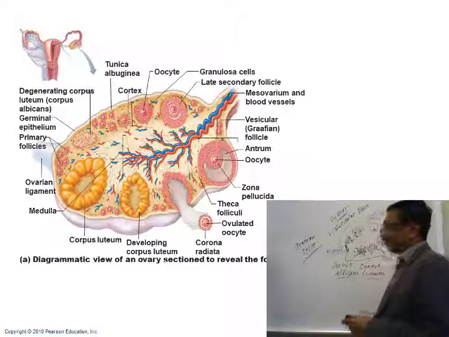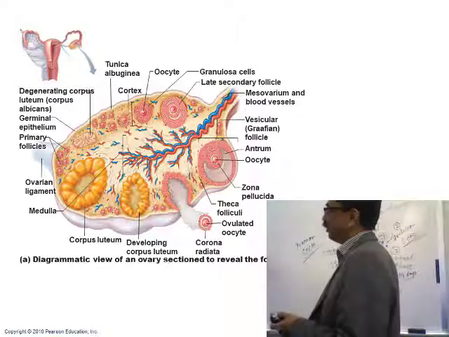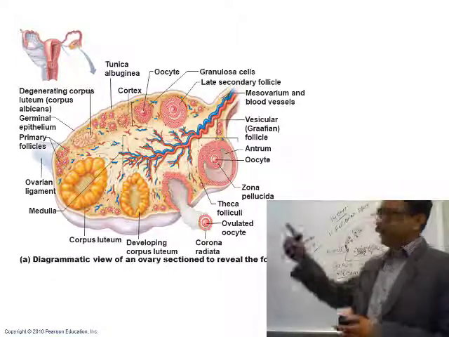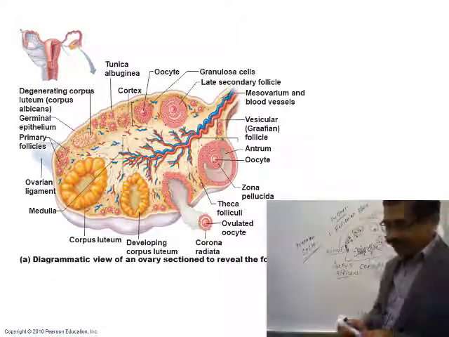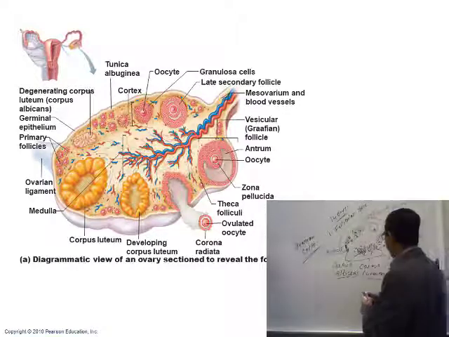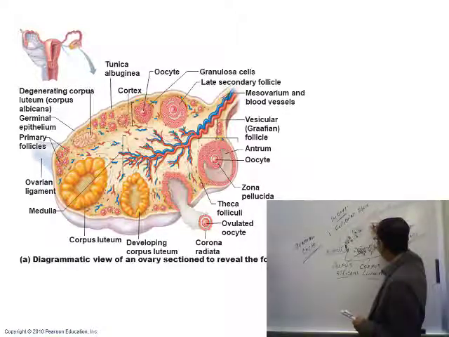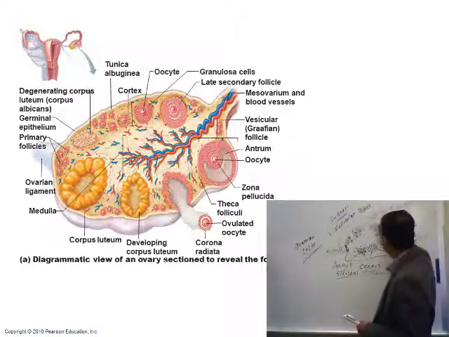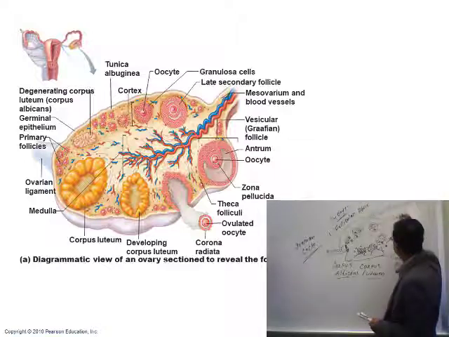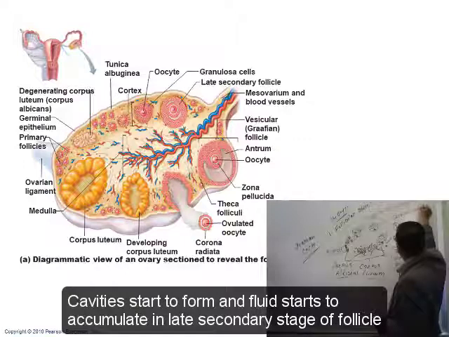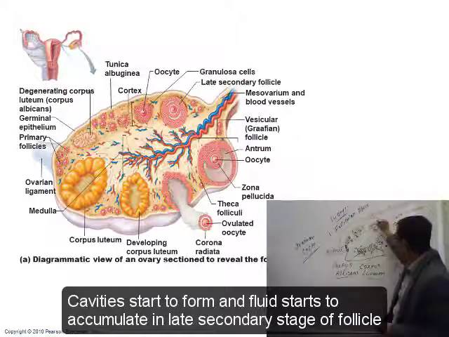But another thing, if you look at the late secondary follicles, cavities start to appear inside the follicles, and those cavities get filled with fluid. So that's the late secondary. Cavities start to appear and get filled with fluid.